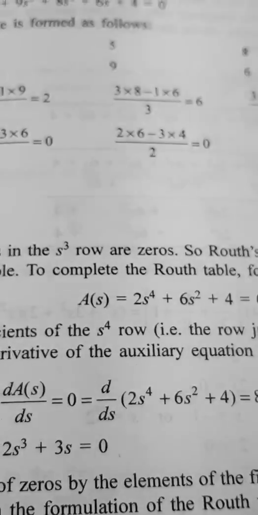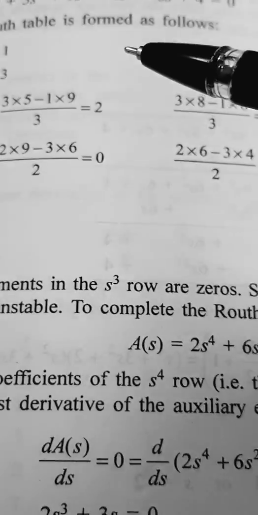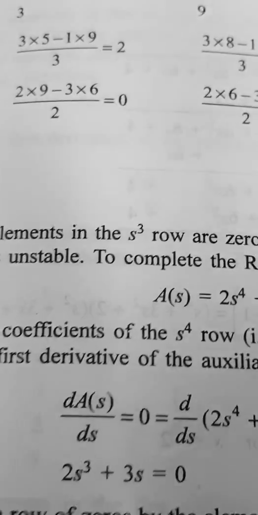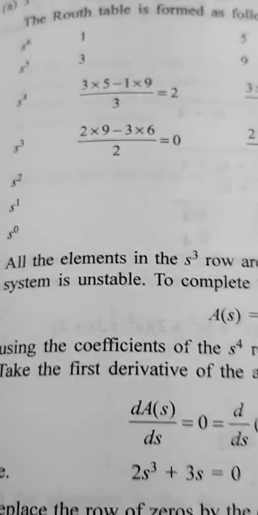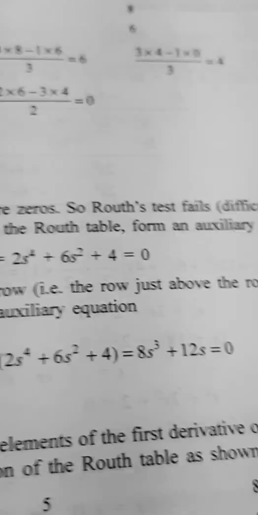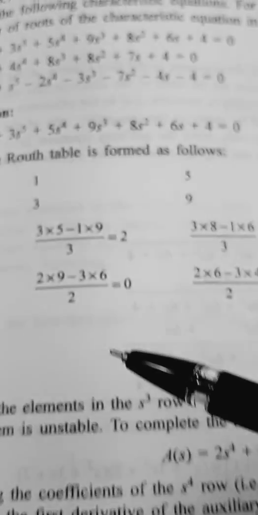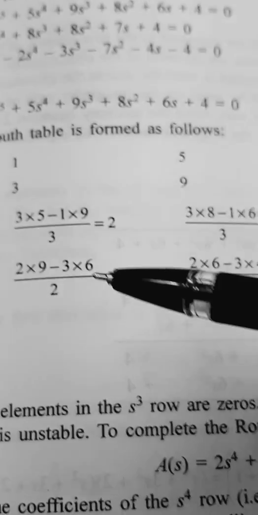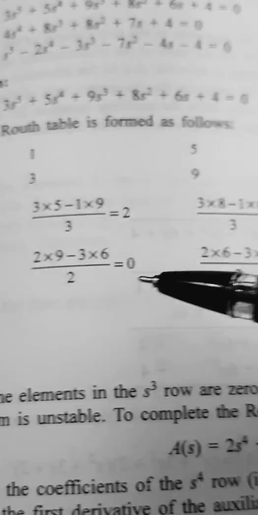For that, we studied that we have to make an auxiliary polynomial. So for the auxiliary equation or auxiliary polynomial, you have to see the coefficients of the previous row.